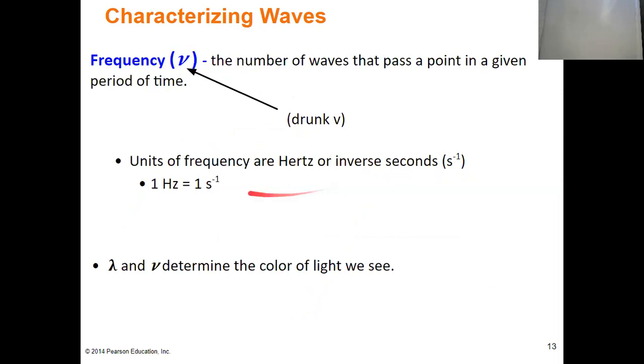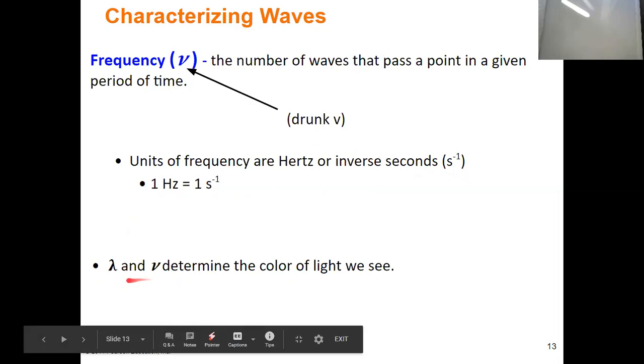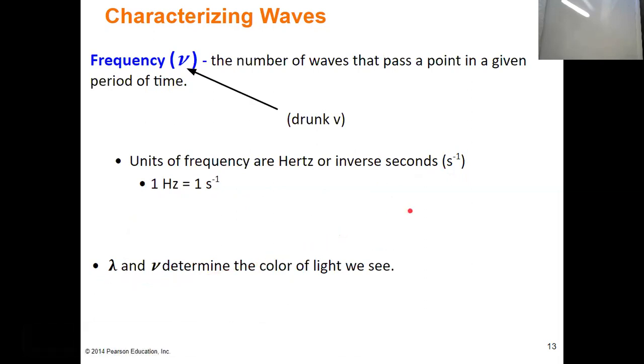And an inverse second is also equivalent to 1 hertz. So hertz is frequently a unit that's used when talking about frequency. And these two factors, wavelength and frequency, those determine the color of the light that we see.